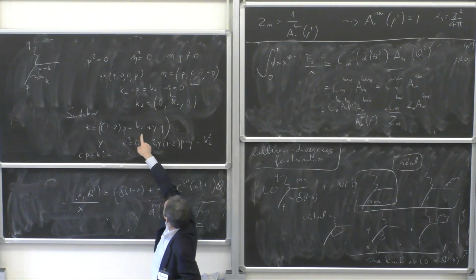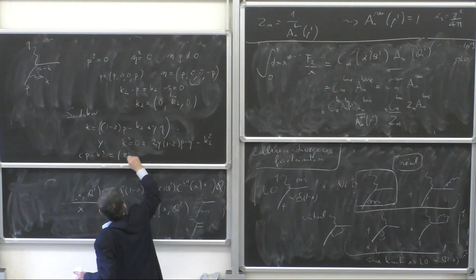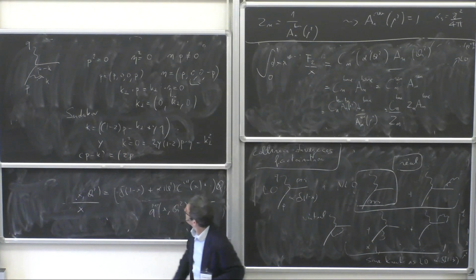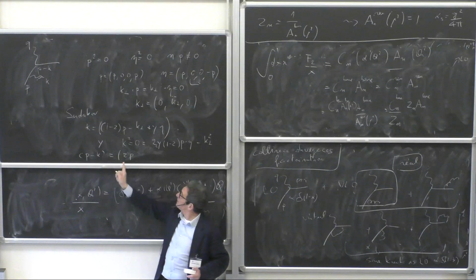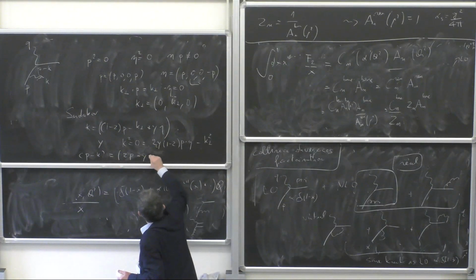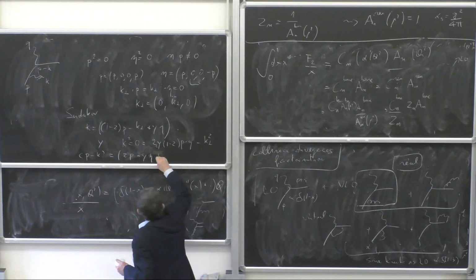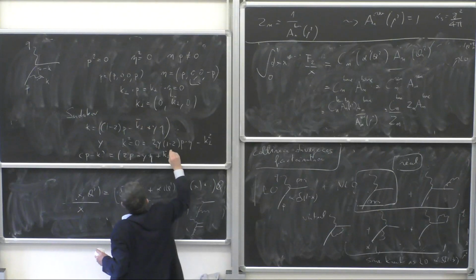So this was K here. So P minus K must be equal to zP, because (1 minus z)P plus zP is equal to the incoming P, minus y eta, because this must add with this, plus k perp. K perp is a 2-vector, okay?